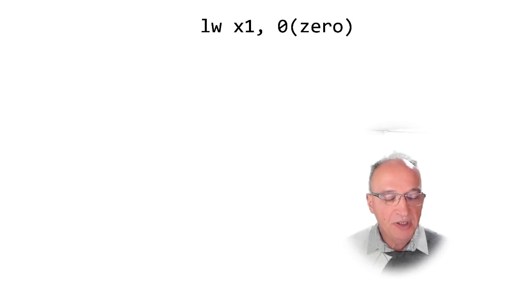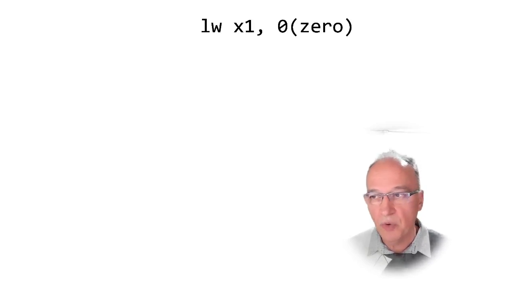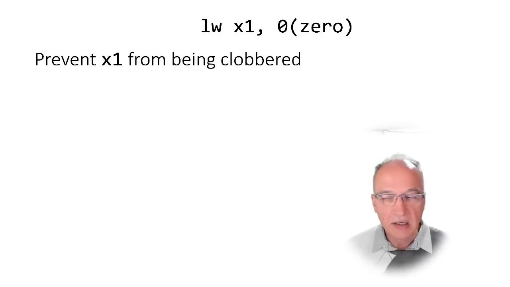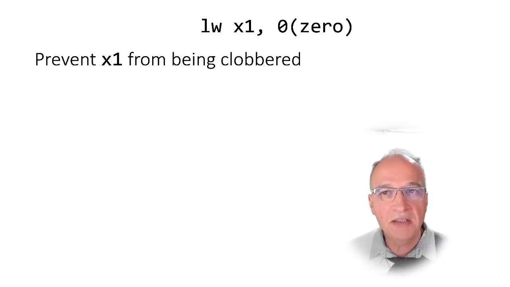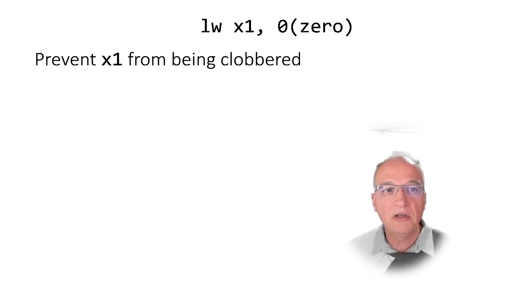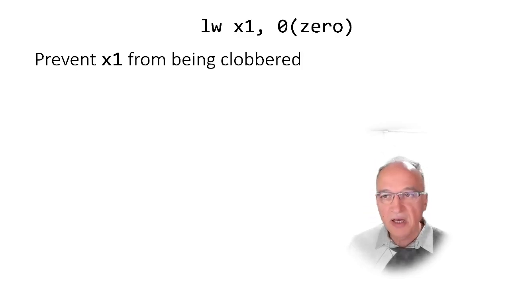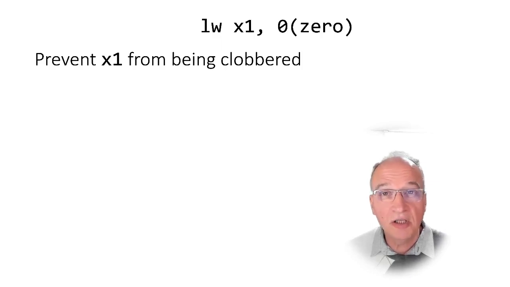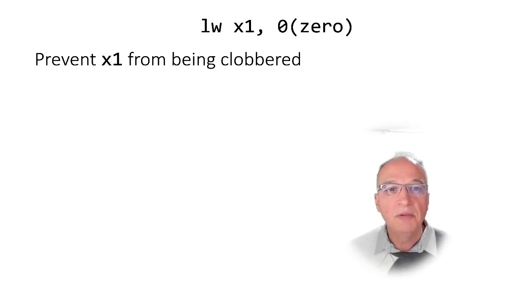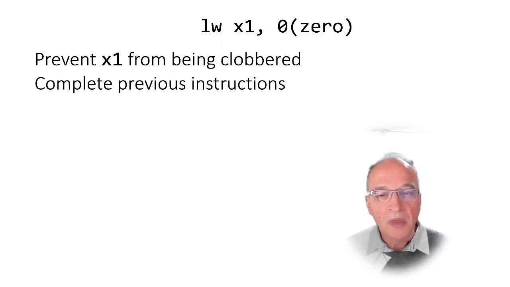The instruction is the load word 0 0 into x1, and I want to prevent the value of x1 from being clobbered. I don't want the value that is in x1 to be changed, because this access is illegal. So this instruction cannot complete execution because it's generating an exception.